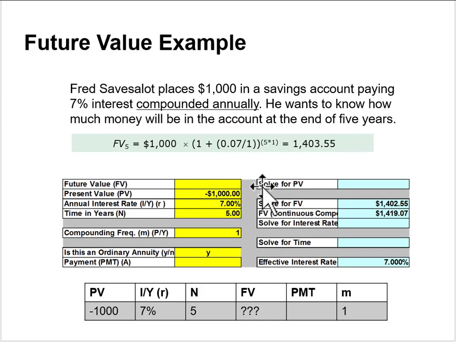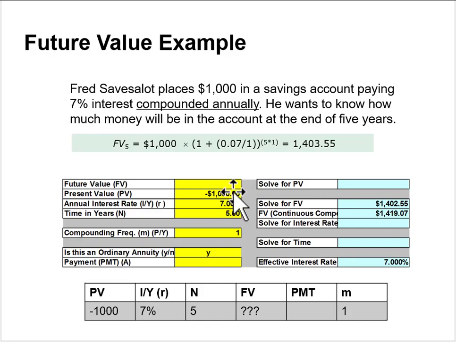Now, if you look at our spreadsheet that I gave you, the present value is the investment, that's negative 1,000. Interest rate is 7%, time is 5, but the compounding frequency is 1. Now, in these formulas over here, the formulas calculate the rate per period and the number of periods in the investment.